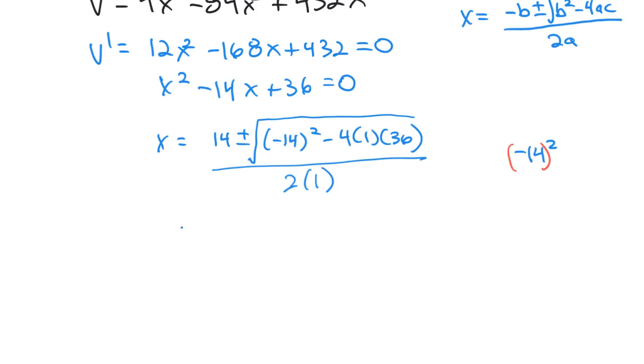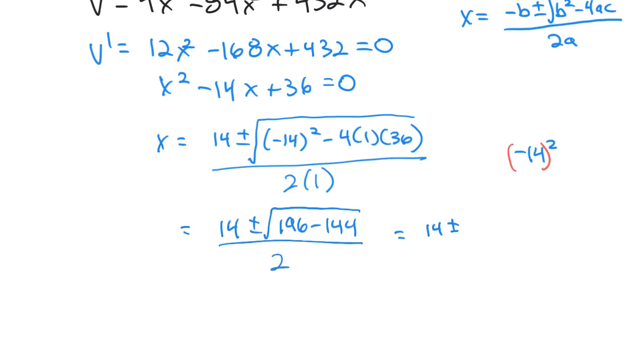This will give us 14 plus or minus the square root of 196 minus 144, all over 2, which is equal to 14 plus or minus the square root of 52, all over 2. At this point we could plug this in the calculator, but I know some of you are thinking, wait a minute, Kurt, 52 has a perfect square factor.